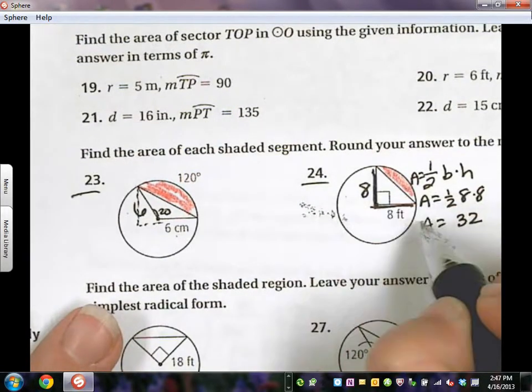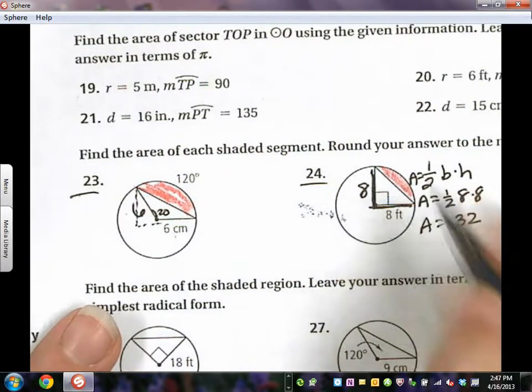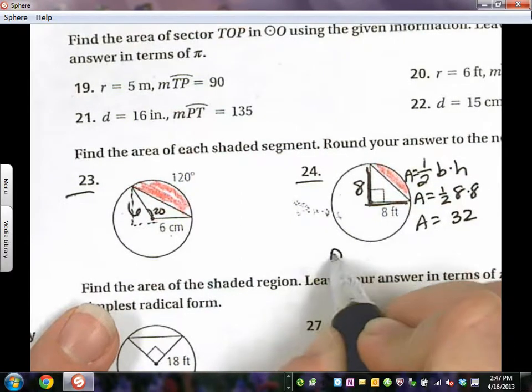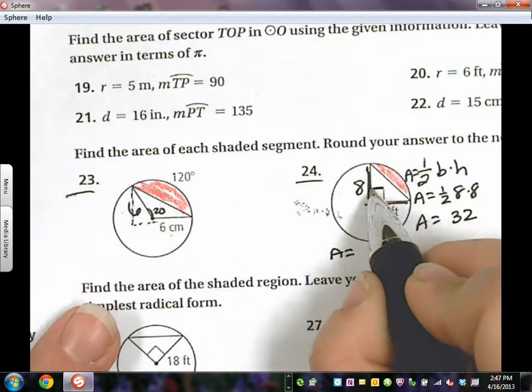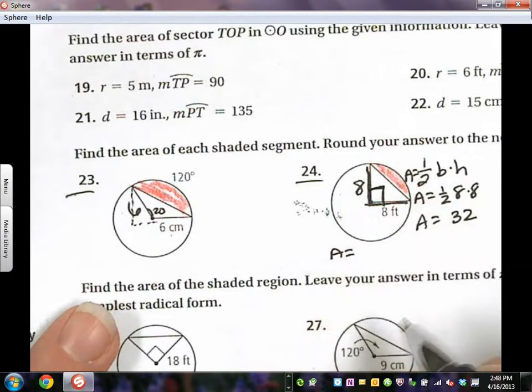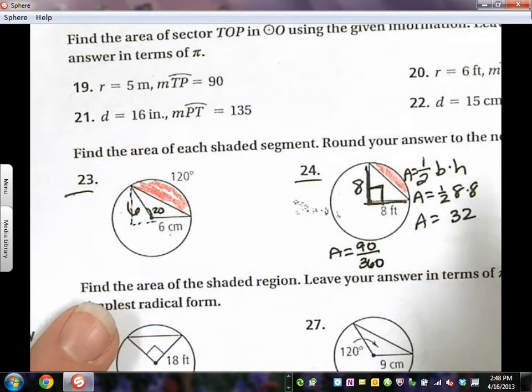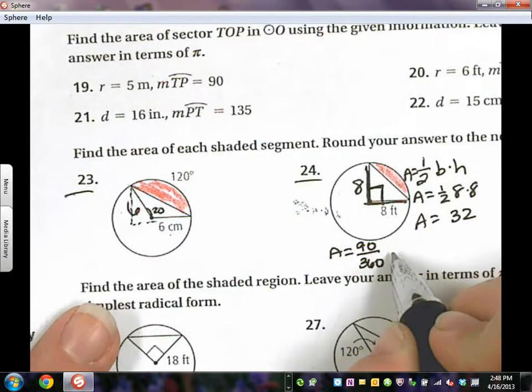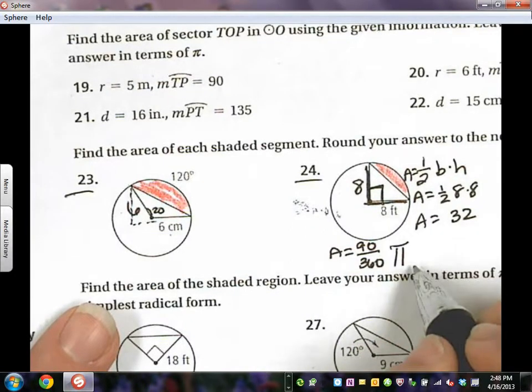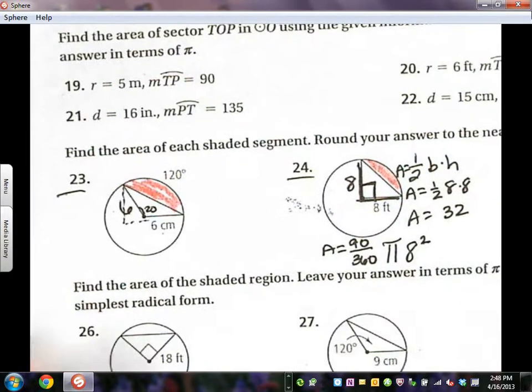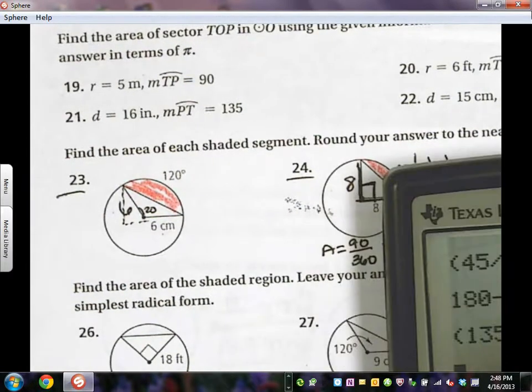And now I have to find the area of that whole sector. I know this is a right angle, so that arc is 90 degrees. So 90 over 360, and then pi r squared, what's my radius, 8 squared. So let's put that all in the calculator.